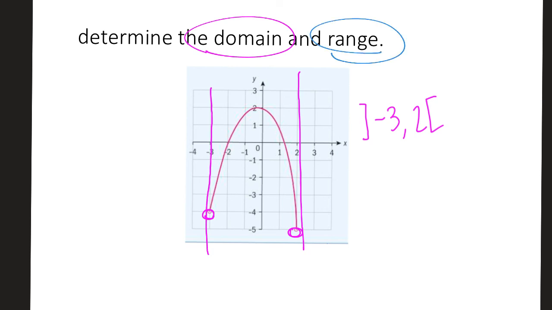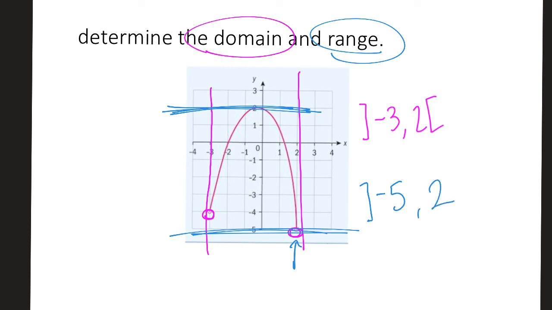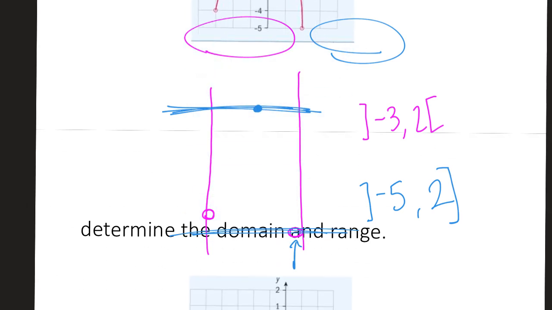Now the range in blue seems to come up here to 2, and it bottoms out here at -5. So -5 is not included because of that open circle, but the 2 is included, because you can see there's no open circle up there at the top. The 2 is included.